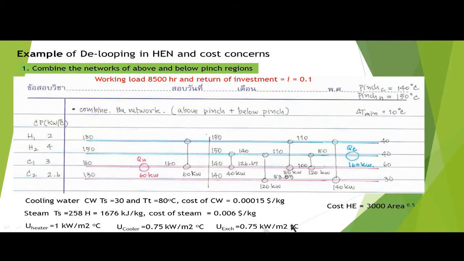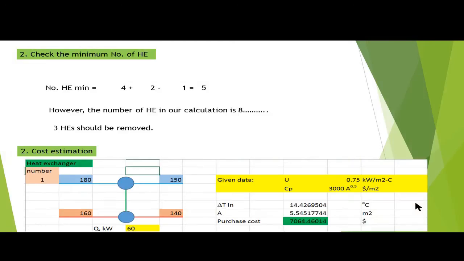Remember that the overall heat transfer coefficient for the heat exchanger is equal to 0.75, and the equation for the heat exchanger cost is 3000 multiplied by area to the power of 1/2.